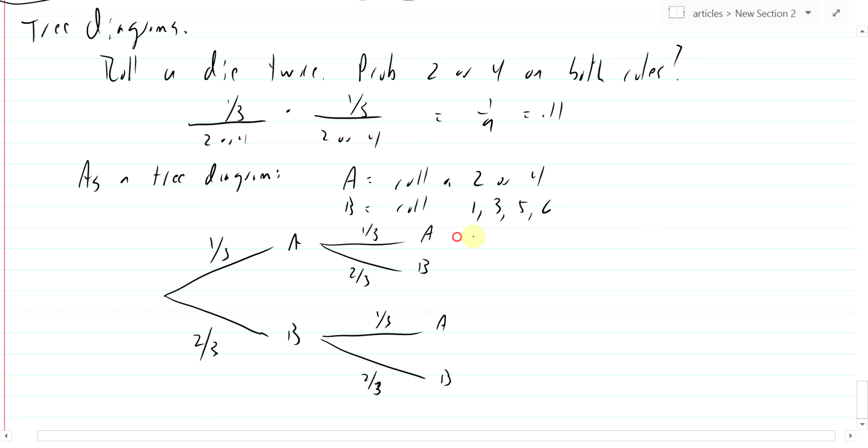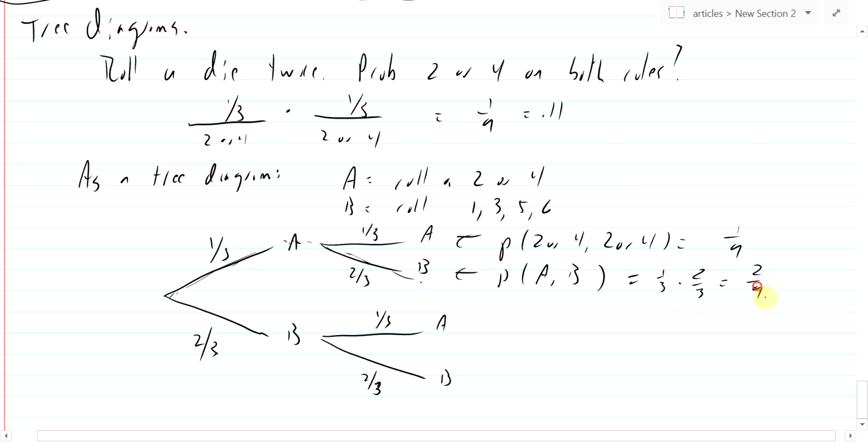Great. So this branch, A and then A, is the probability of rolling a 2 or 4 on the first roll and a 2 or 4 on the second roll, and you just multiply the probabilities together, 1/9. This branch, first A and then B, is 1/3 times 2/3, which is 2/9.